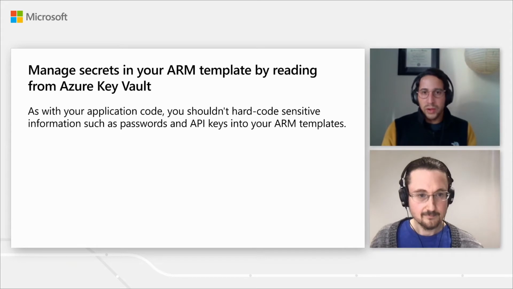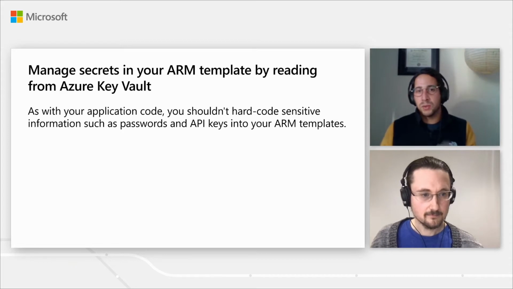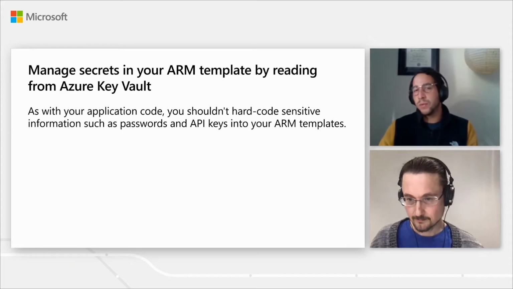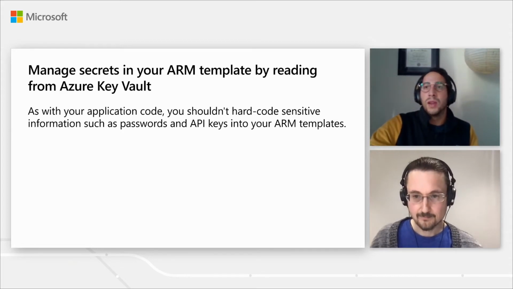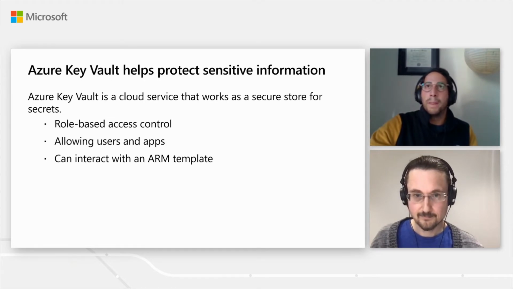So what we're going to introduce is the Azure Cloud Service called Key Vault. Rather than hard coding, how do we encrypt these passwords within Key Vault and reference it from within this Key Vault resource? So let's dive right into that.